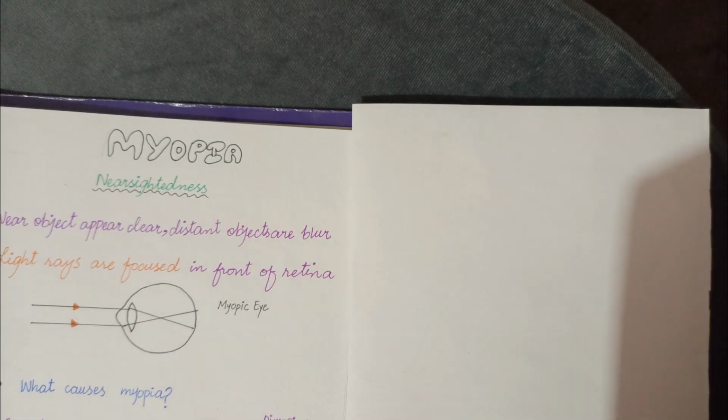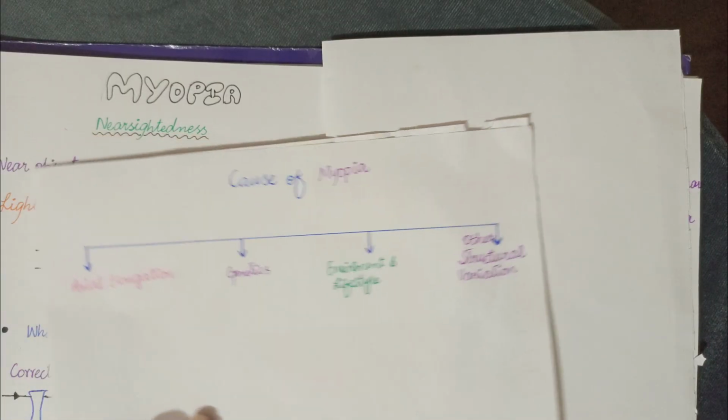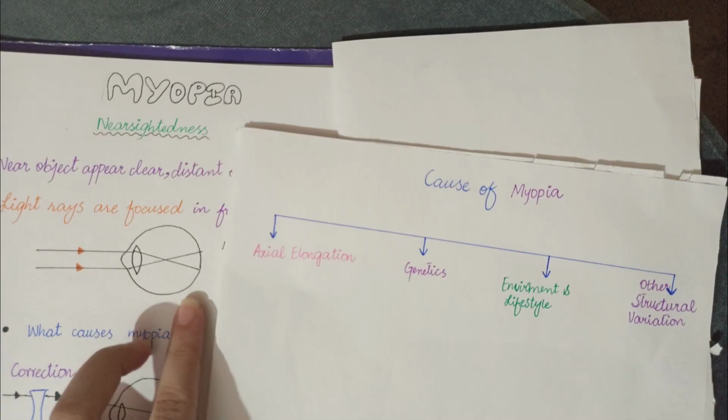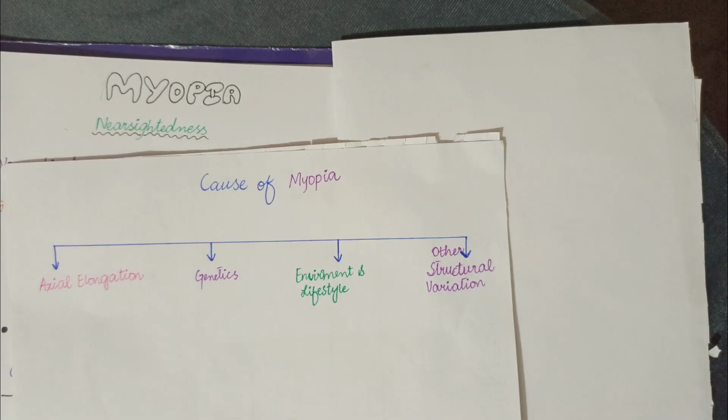What are the causes of myopia? First one is axial elongation, in which the axial length of the eyeball increases, which leads to myopia. The other is genetics. Genetics actually plays a very big role in this too. If one or both parents have myopia, the chances are higher that you might develop it as well. And the other one is lifestyle.